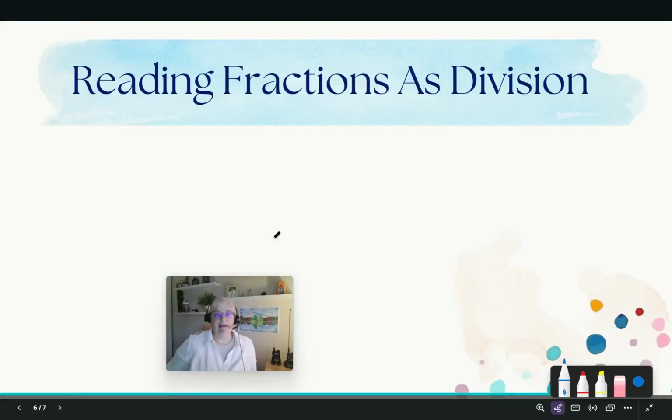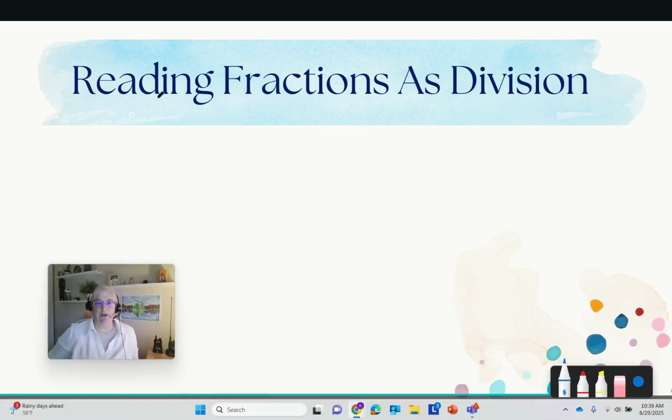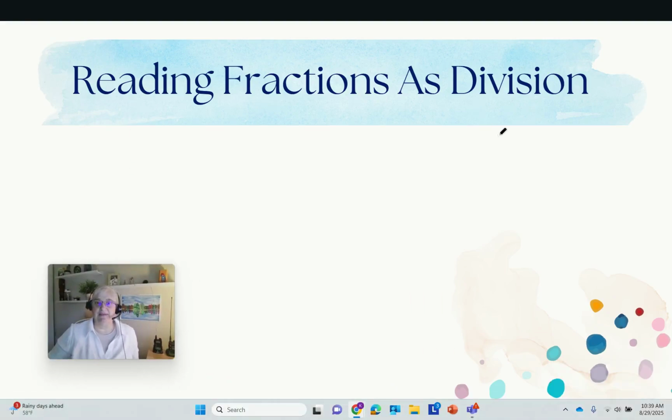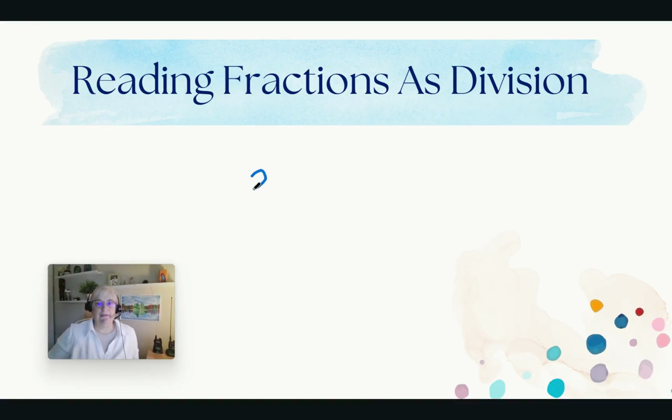Now, let's take a look at that second goal I have for you of reading fractions as division. If we look at a fraction, you might know that this is the fraction 3/4. And that's one way we read it, and it's great. I want you to also read it as 3 divided by 4.